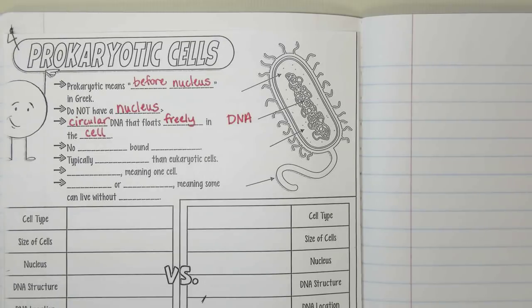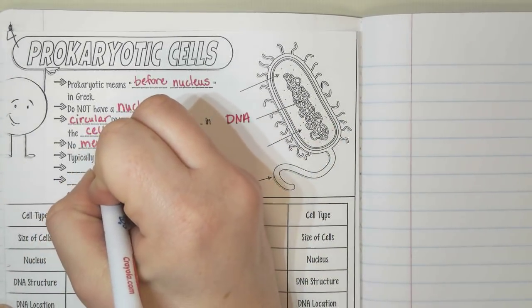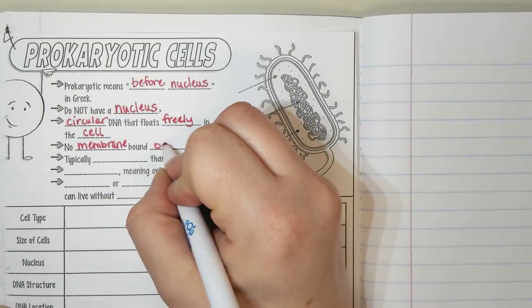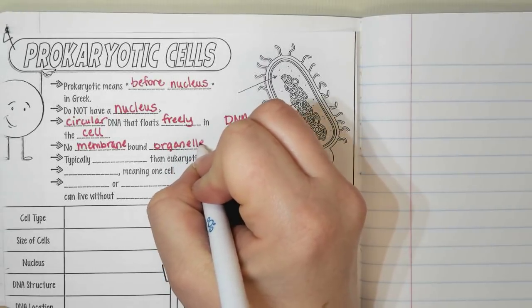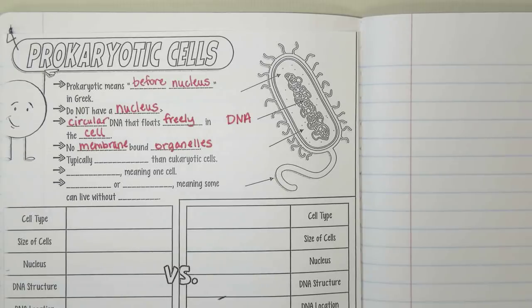The prokaryotic cell is very simple, you will see, compared to the eukaryotic cell. So we have no membrane-bound organelles. That just means that there aren't a lot of other small parts in the prokaryotic cell.